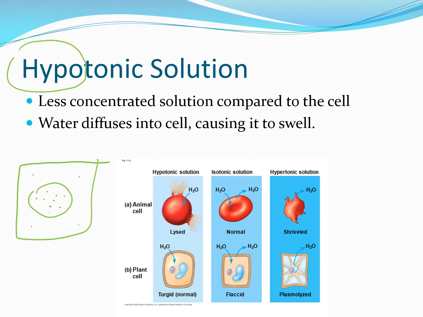So what happens is that water from outside the cell will come in, and when that happens, again trying to maintain that equilibrium, the cell will lyse, or you can say it will swell up, lyse, explode, however you want to say it, because it's trying to maintain that equilibrium.